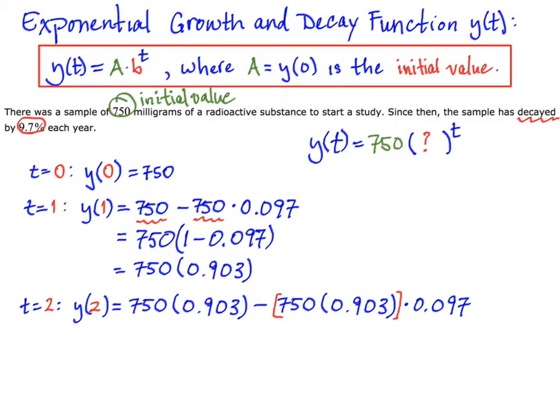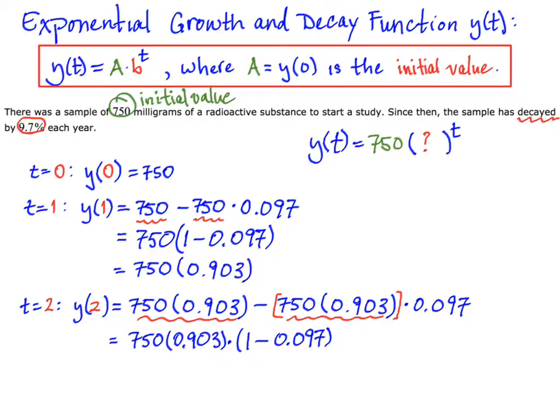Now, I'm looking for a pattern. I want to simplify this a little bit. I don't want to actually put it in my calculator and get a decimal. But notice again, we have two terms. We have a term minus another term, and each one of those has a 750 times 0.903. So that's a GCF I can factor out. So I'm going to factor out that whole thing. And what am I left with? I'm left with a 1 in the first term and a 0.097 in the second term.